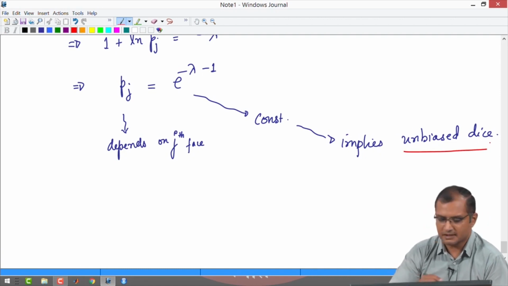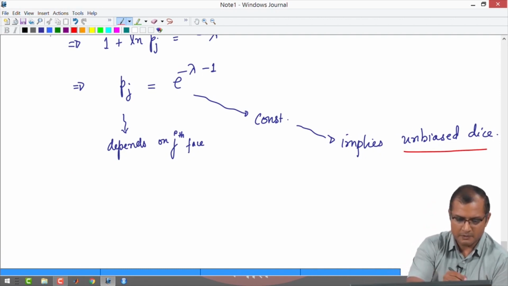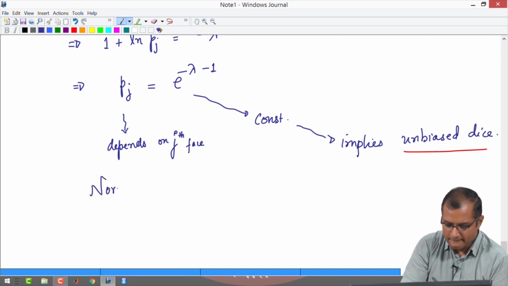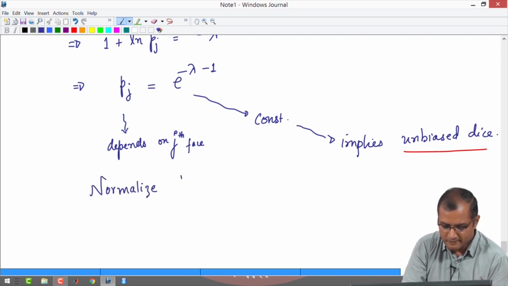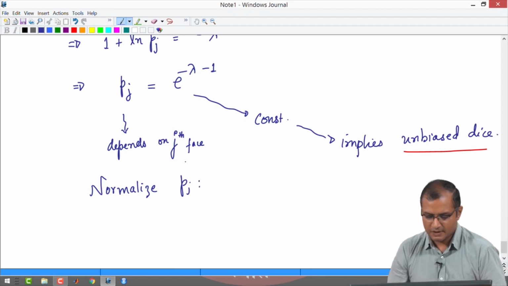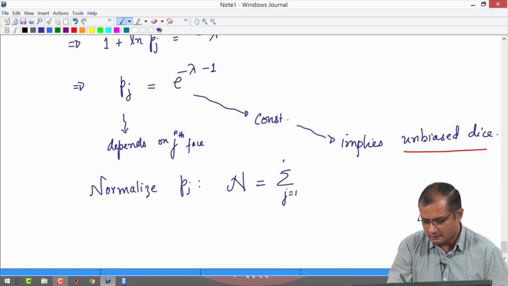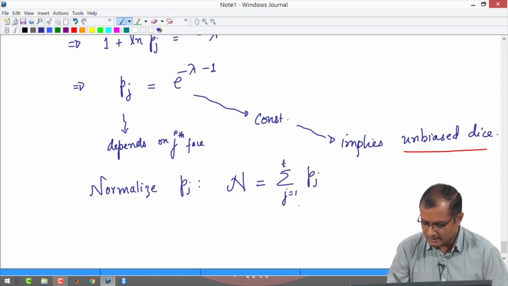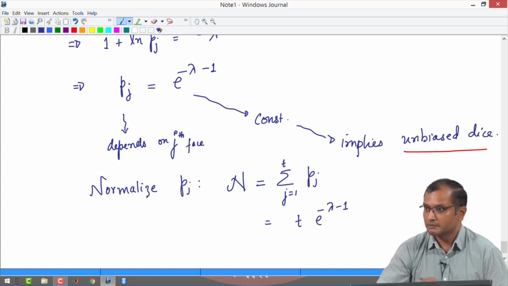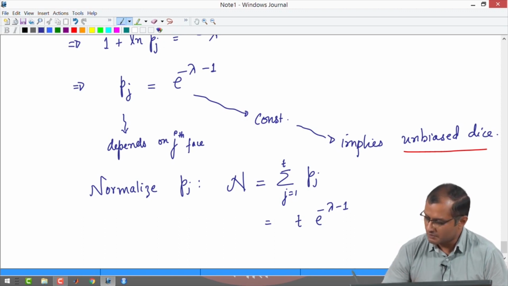We are just going to normalize it. So, what I am going to do is normalize this probability, that is the only task. I can normalize probability by simply computing a norm, which is nothing but the summation over all values of p j. If I sum over all p j's, what I get is simply t times e raised to minus lambda minus 1, because each one of them is constant.